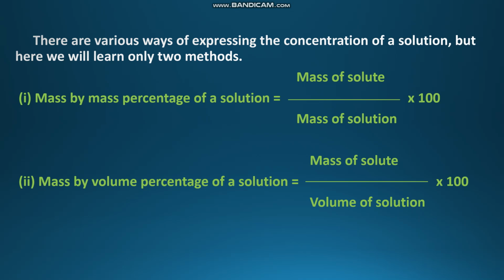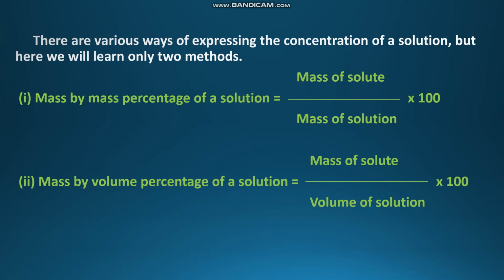The expression is: mass by mass percentage of a solution is equal to mass of solute divided by mass of solution into 100. How to find out mass by volume percentage of a solution? Mass by volume percentage of a solution is equal to mass of solute divided by volume of solution into 100.